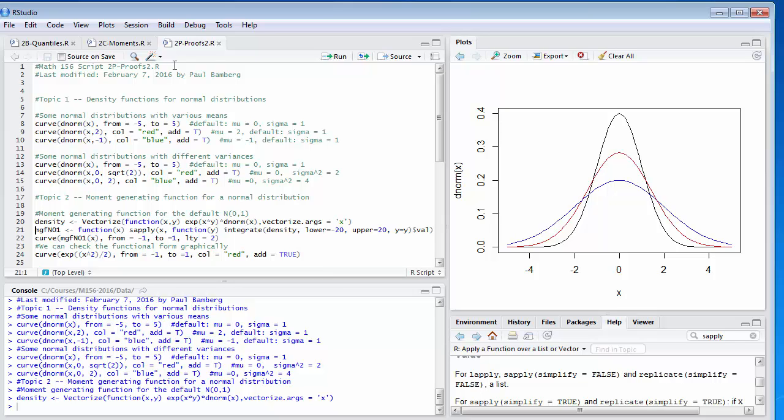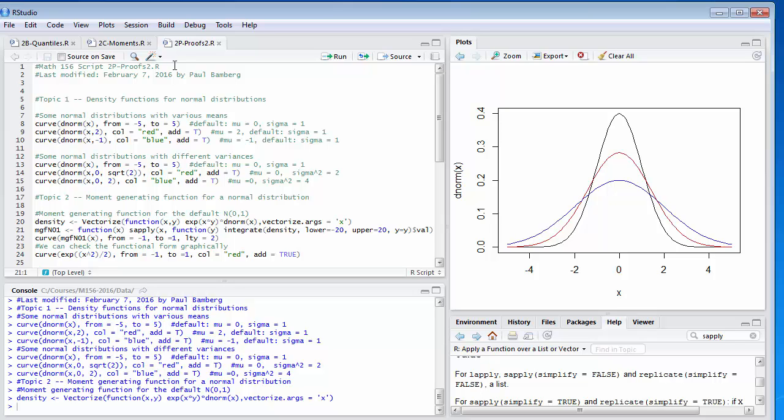And what I found when I just wrote this directly as a function was that I couldn't pass it as an argument to integrate, so I finally discovered Vectorize args, and when I set that equal to the character x, that means that this can be applied to a vector and it will produce a vector in the normal R manner.